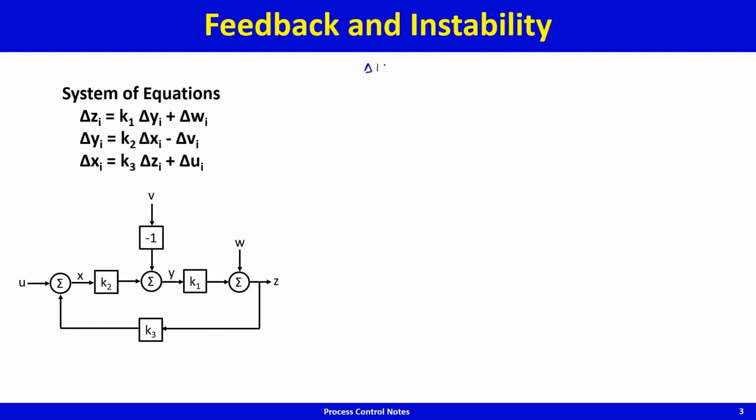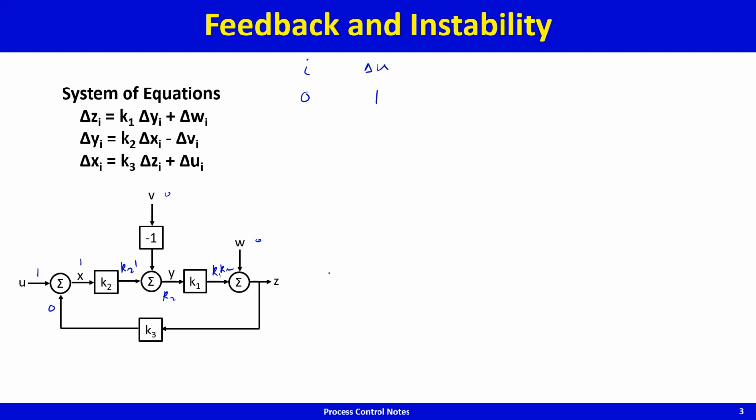If delta u at instant 0 goes to, let's say, unit step, goes to 1, then this is 0, this is 1, so this would be 1, this would be k2 times 1. v is 0, so it doesn't really matter. w is 0, so it doesn't really matter either.